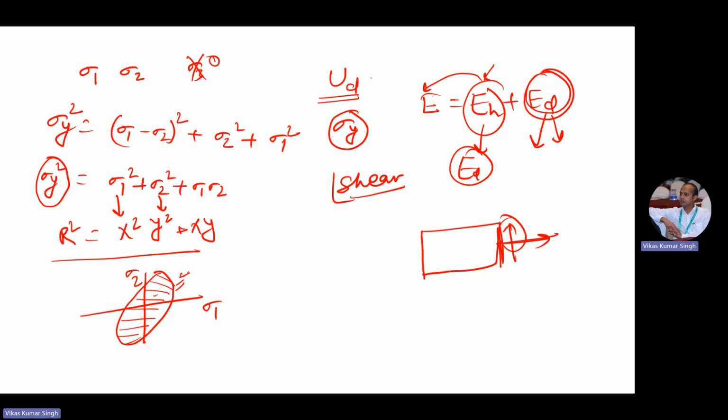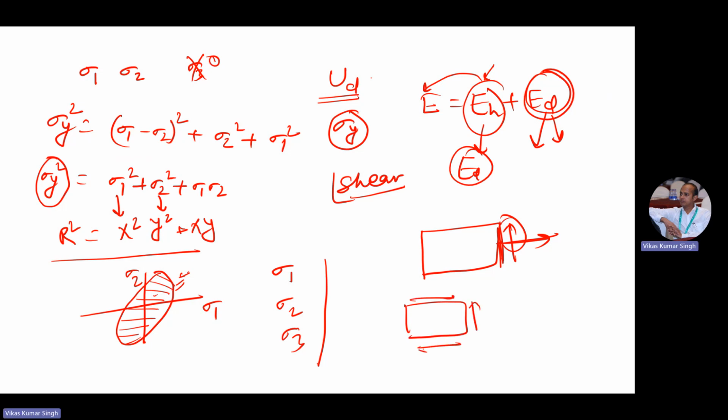So now the condition is, suppose there is a pure shear. So in the case of pure shear, what will sigma be, if we have sigma 1, sigma 2, and sigma 3? If you have studied the condition of pure shear, it means only your material is experiencing this part, like this.